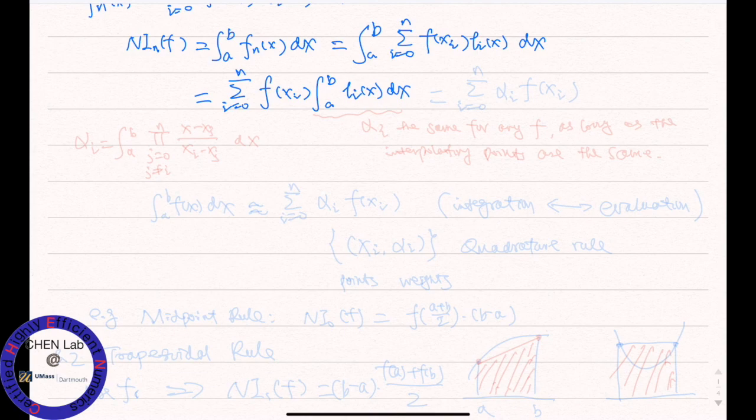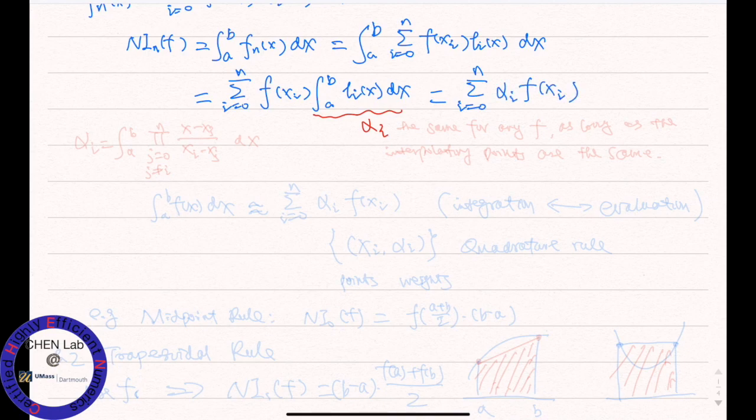So this form is revealing. If we call this alpha I, what do we have? We have a summation, I from 0 to n, of alpha I f(xi).